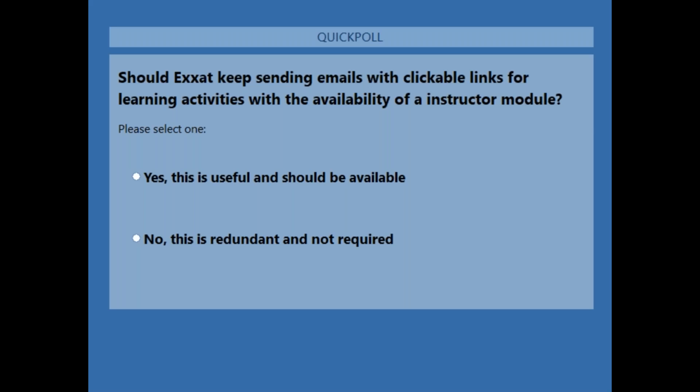We'll still keep it, and we'll have this new module in the system as well, from where preceptors can also access the data. So as of now, they will have both options. They can either look at the delegate links in the emails, or they can simply log into the system. So what I want to know from you folks is, do you think this is useful and we should keep going with both of these options? Or do you think we should not be sending out emails anymore now that we have a separate system altogether?